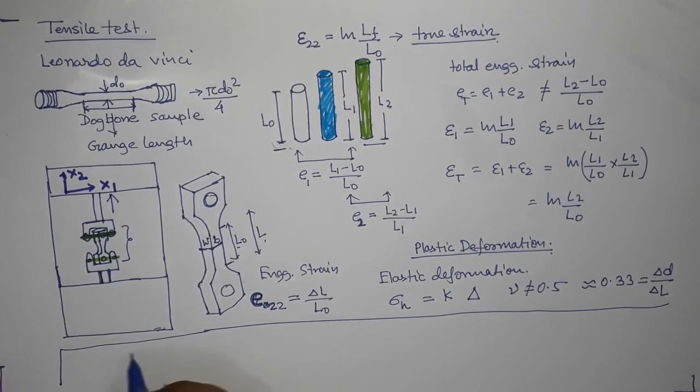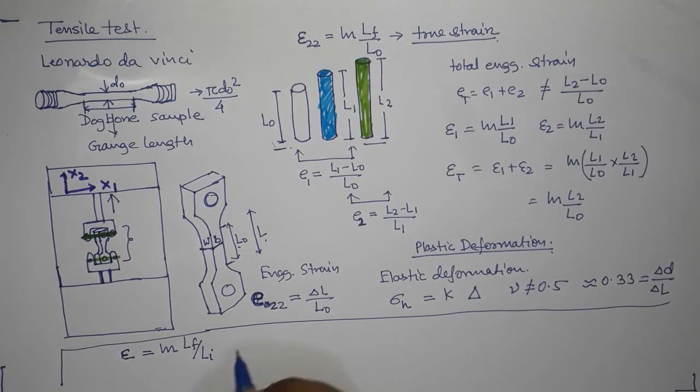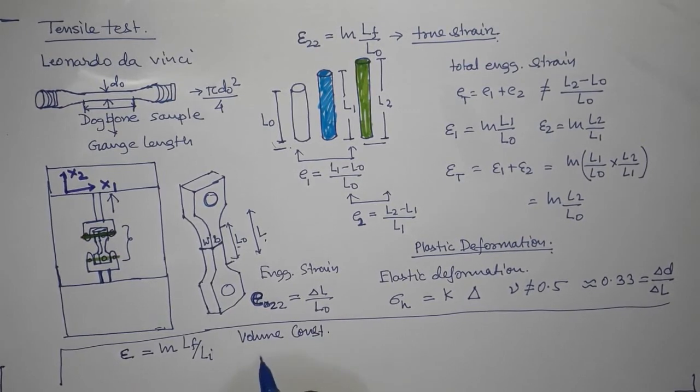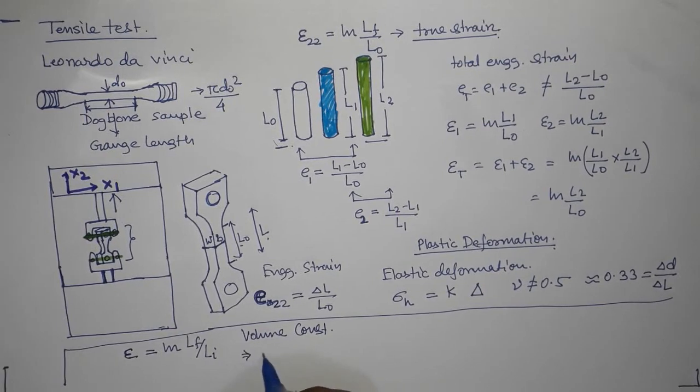Our true strain epsilon can be given by the natural logarithm of the final length divided by the initial length, right? And because volume is constant in plastic deformation, initially the volume will be Vi, which should be equal to Vf.